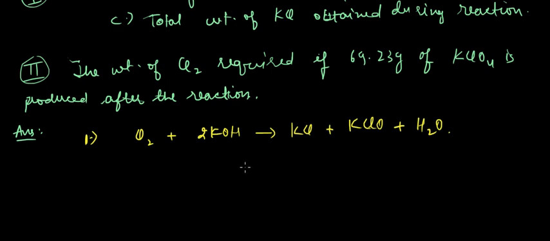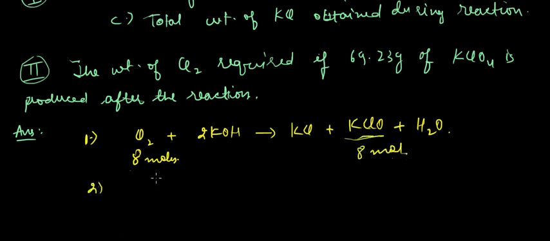When we are using 568 grams of Cl2, that means we are using 8 moles of Cl2, because the weight of Cl is 35.5 and Cl2 would be 71. Just divide 568 by 71 and you will get 8. So we will be using 8 moles of Cl2 to form 8 moles of KClO.